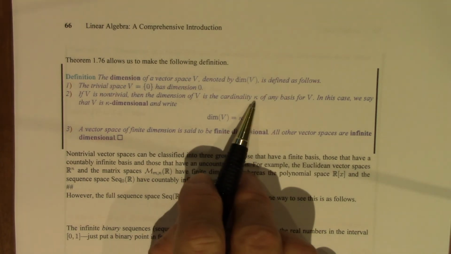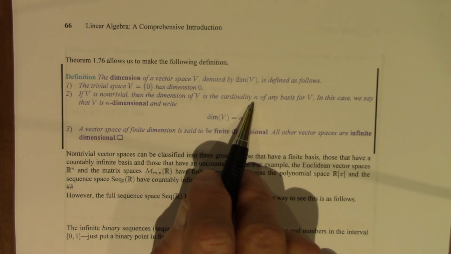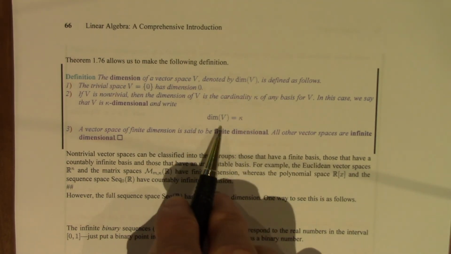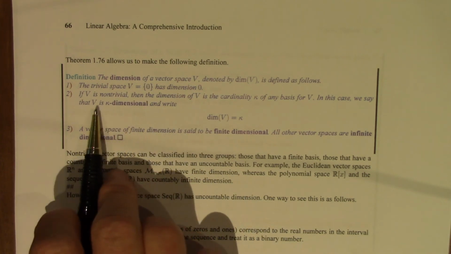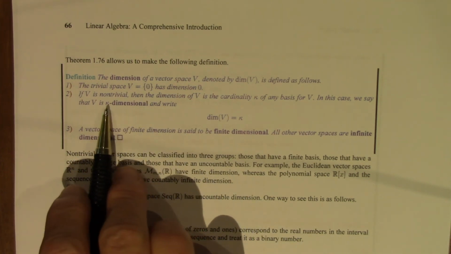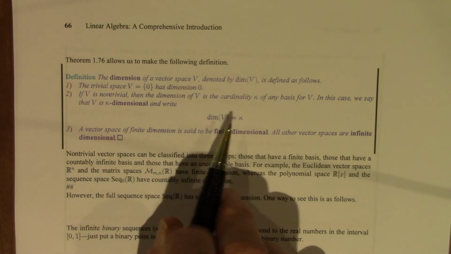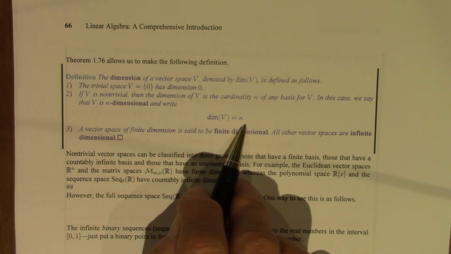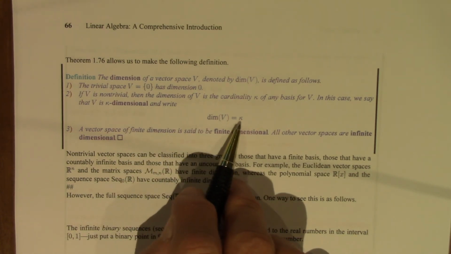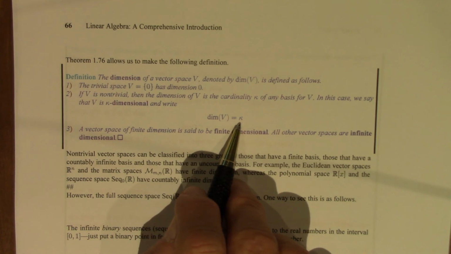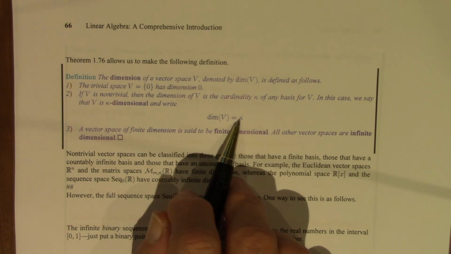So if that cardinality is kappa, the cardinal number kappa, then we would say that V has dimension kappa, or is kappa dimensional, and write this. Kappa could be a natural number, could be a finite cardinal. Most of the time for us it will be, but it doesn't have to be.